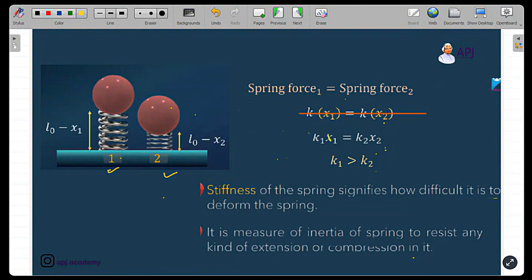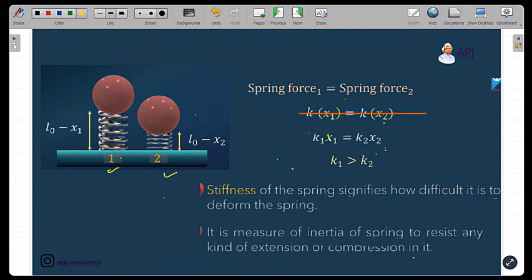The same object was kept on two springs, but one spring has deformed more than the other. You can see that spring number 2 has compressed more with respect to the first spring.